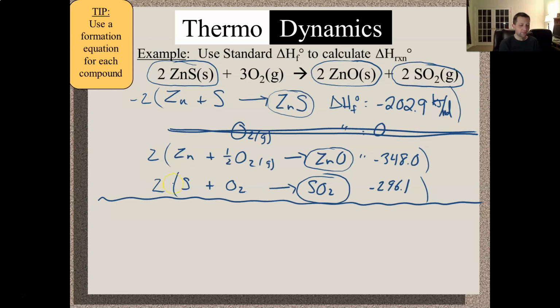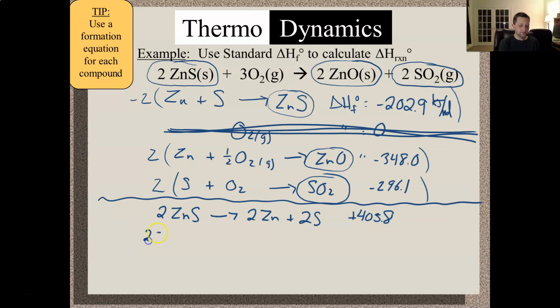So first equation, I'm flipping it and multiplying by 2. So I get 2 ZnS yields 2 Zn plus 2 S. My delta H of formation value of negative 202.9 has to be multiplied by negative 2. If you do that, you get a positive 405.8 kilojoules per mole. Again, oxygen, not worried about it. Next one, I'm just multiplying by 2.